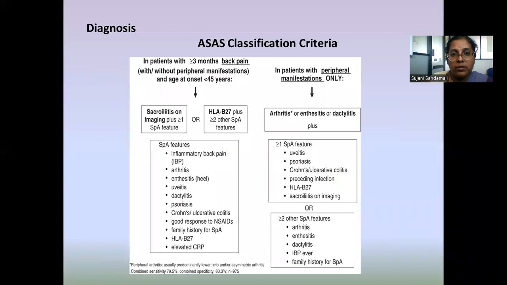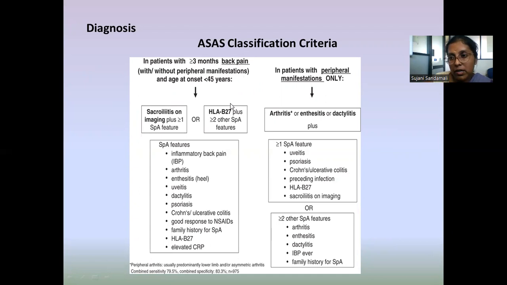So, for the diagnosis, we can use ASAS classification criteria, where there are two criteria for axial and peripheral separately. For axial spondyloarthritis, there are two mandatory criteria. One is there should be a history of chronic inflammatory type of back pain, age under 45 years old.